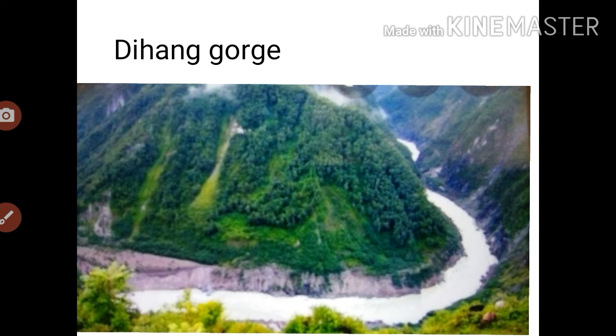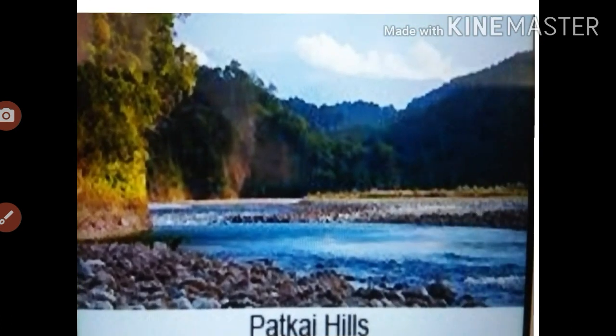The Brahmaputra marks the easternmost boundary of the Himalaya, as we have shown on the map. The Himalaya bends sharply to the south and spreads along the eastern boundary.